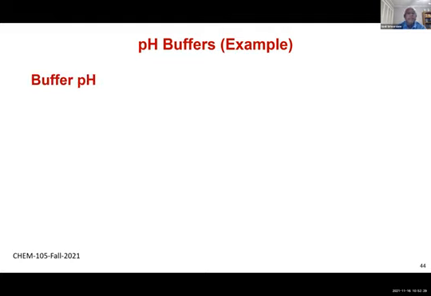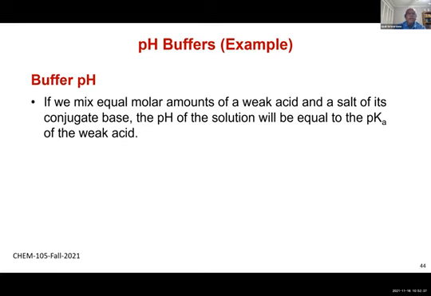The buffer pH. How do you know the pH of a buffer? If you mix equal amounts of a weak acid and its conjugate base salt, the pH is equal to the pK value of the weak acid.